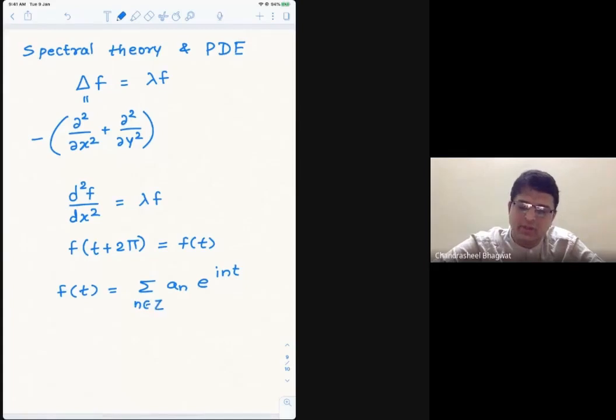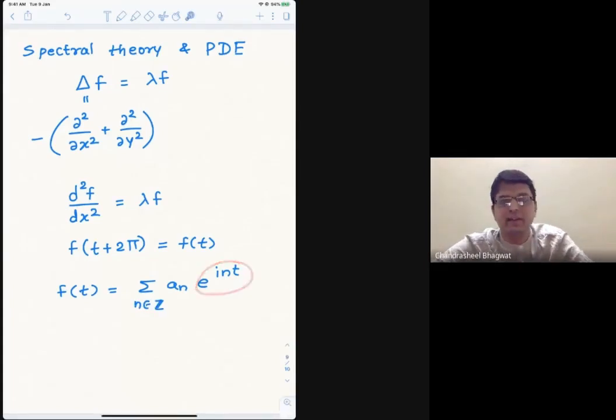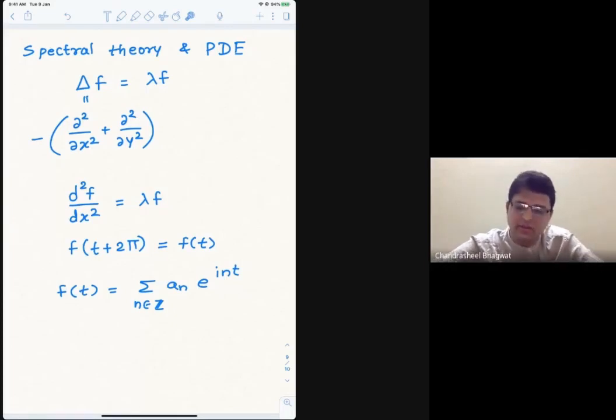So you think of these exponential functions, which are really cos nt plus i sin nt, where n is varying over integers. Cos is an even function, sin is an odd function, so I have to involve all the positive and negative integers in the Fourier analysis. There's a theorem which says that f can be reasonably expressed as a summation over n of c_n e^(int). Now I'm going to differentiate twice on both sides.